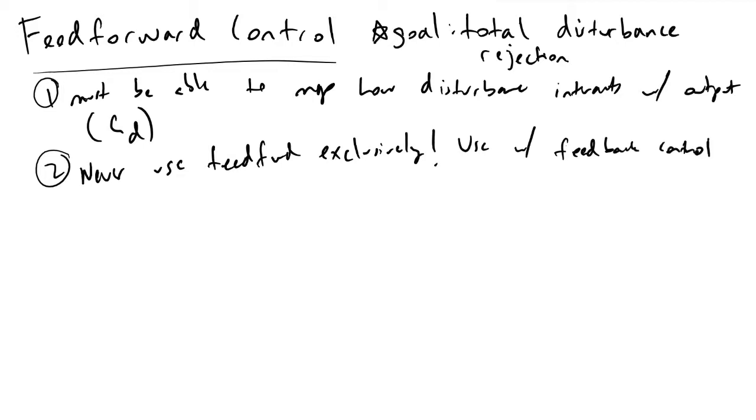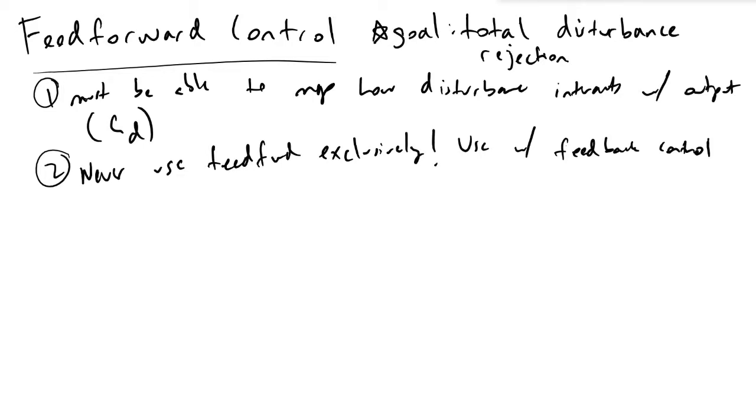And the reason for this is because even if in a perfect world we knew every single disturbance that might interact with our system, that isn't to say that our process model is perfect. There might be inaccuracies in our model. Our system might evolve with time if we get buildup of whatever thing in our reactor and the volume changes slightly. So we need to have feedback in all of our reactors, or our control block diagrams.